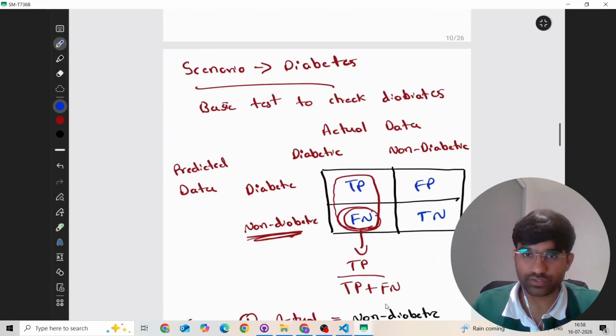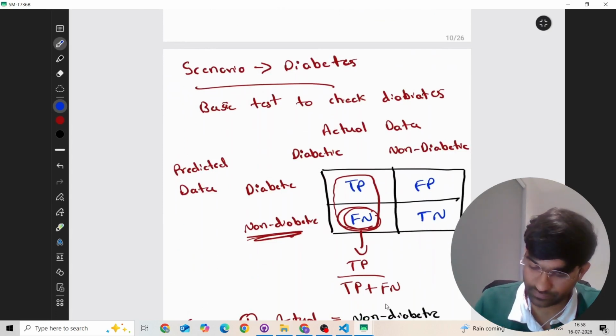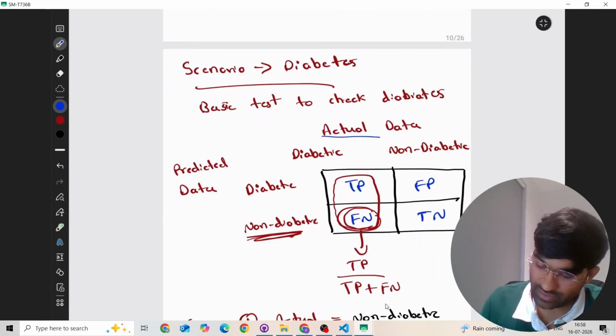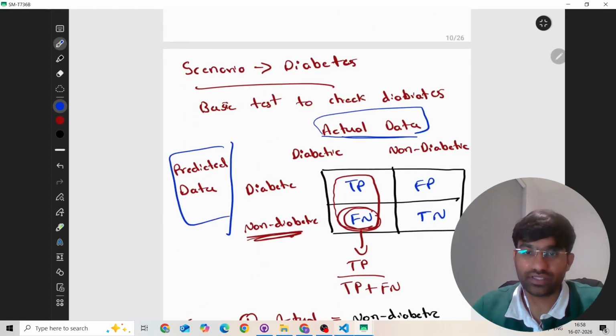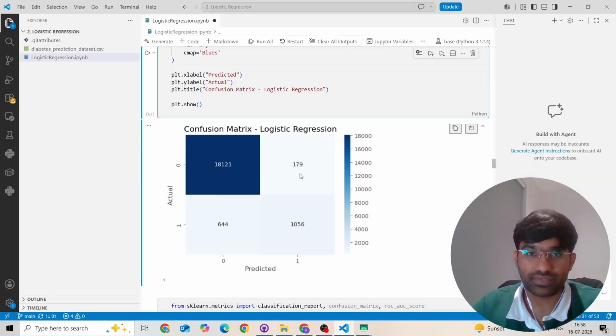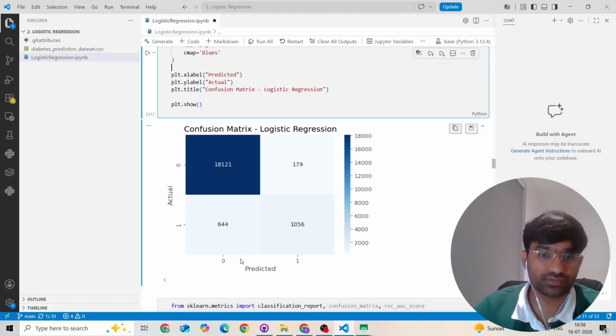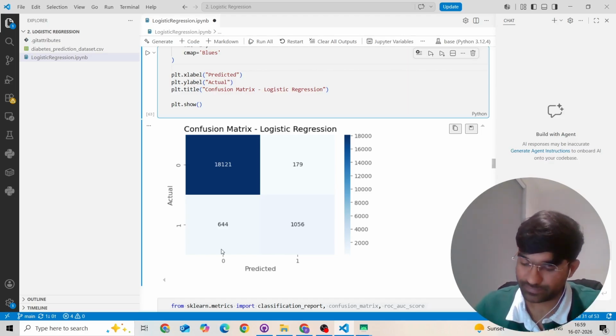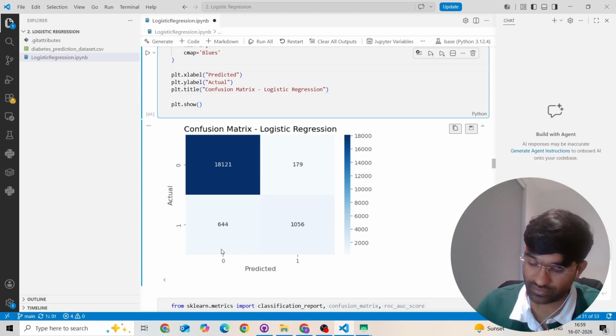See, in theory I have shown you this is actual, and this is predicted data. But when we do the practical implementation, it is interchanged. Predicted is here and actual is here, and the values, 0 1 and 0 1, are also interchanged. So you have to understand how this confusion matrix is looking.